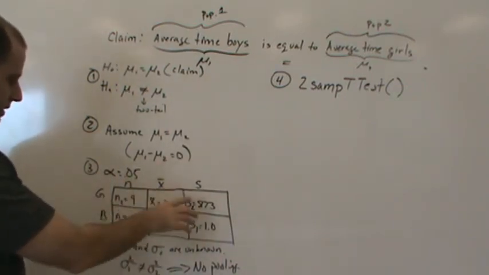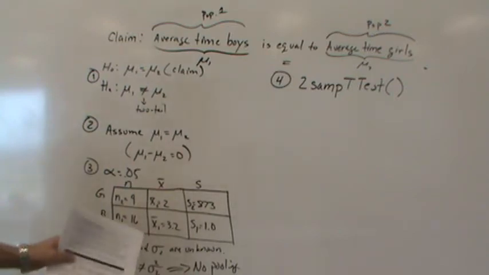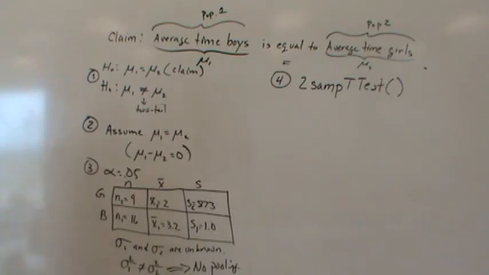They're giving us the statistics. We don't have data, so we choose the stat option for input. It asks for x bar 1. x bar 1 is 3.2. S1 is 1. n1 is 16. x bar 2 is 2. S2 is 0.873.